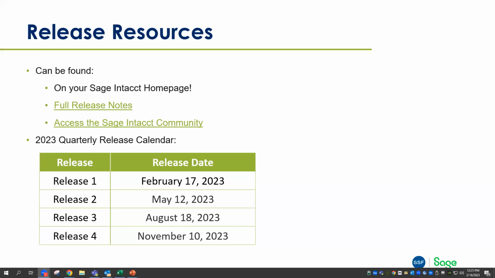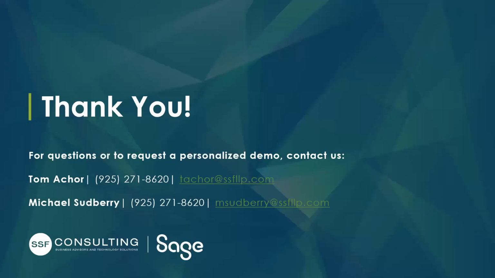So year release 1 this year, February 17th. And then also we have the calendar here. We'll have a release May 12th, August 18th, and November 10th. Right, so be looking for us to have our next quarterly release webinar right around May 15, something like that.